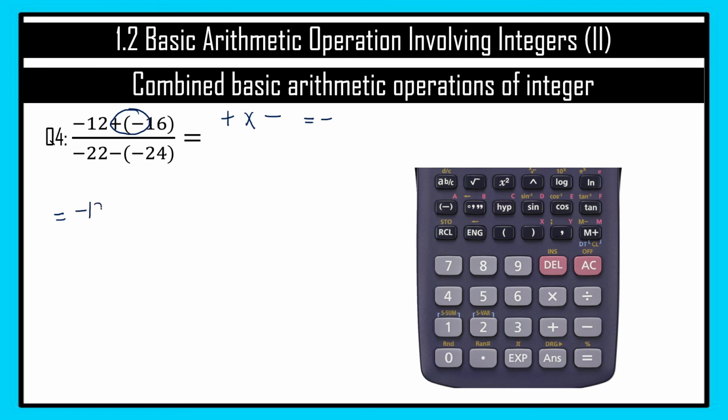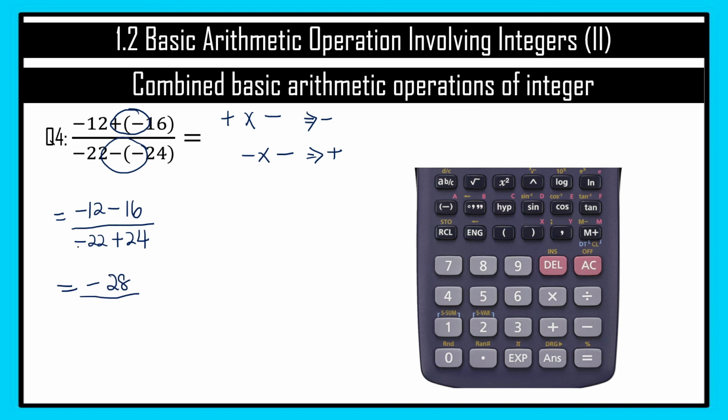So negative 12 minus 16. Okay, over, there's another one here. So it will be negative multiply negative. Becomes positive. So it's negative 22 plus 24. Alright, so negative 12 minus 16. You should get negative 28.